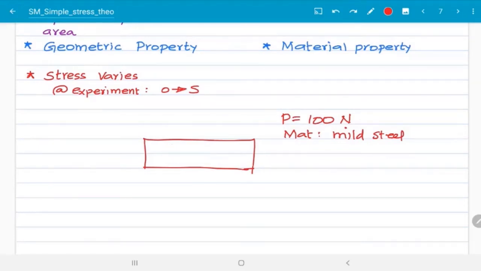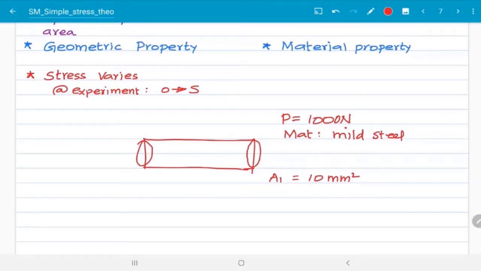Initially, we will assume a particular area, for example, A1, 10 mm square. Load, let us say 1000 Newton, it has to withstand. We have to design the rod.